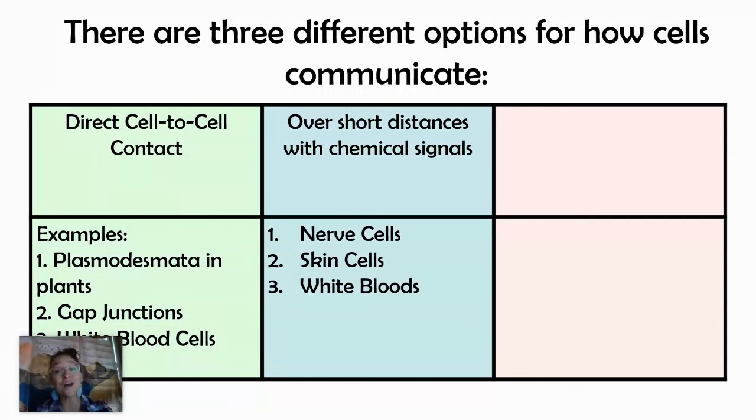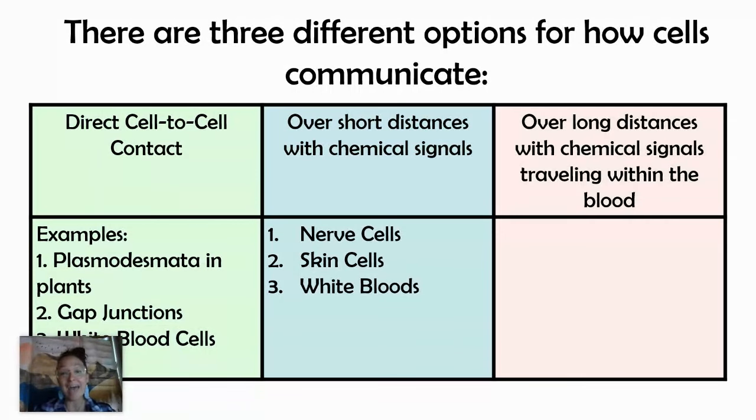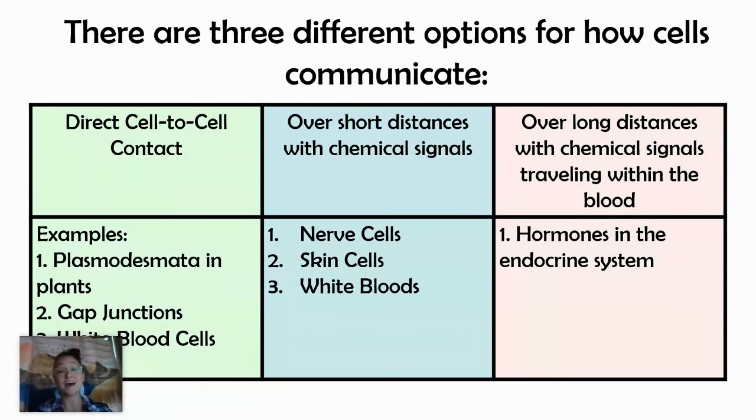And for long distance throughout the entire body, we have our endocrine system, which uses hormones to send those signals. In the next section, we're going to look at examples of direct cell-to-cell contact, and then we'll move into each of these.